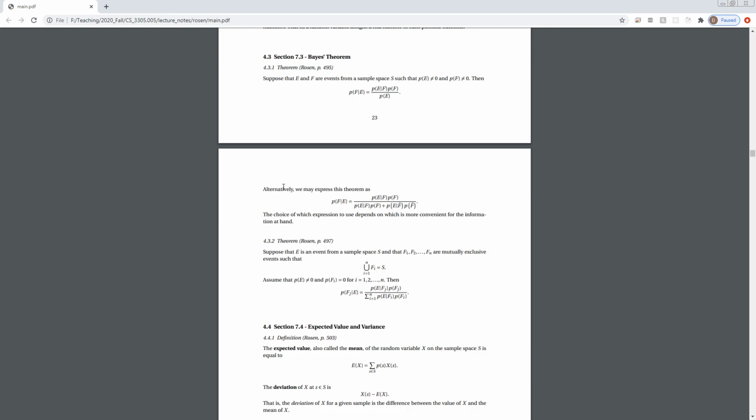The theorem itself, as presented in the book, goes even a step further. It extends this interpretation by stating that the probability of E is equal to the probability of E given F times the probability of F, plus the probability of E given not F times the probability of not F, right?